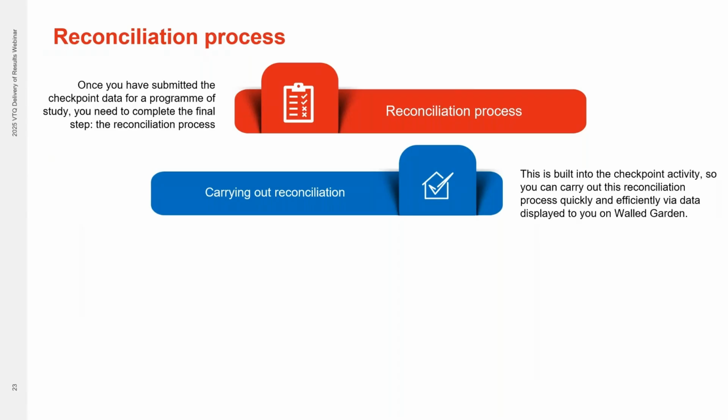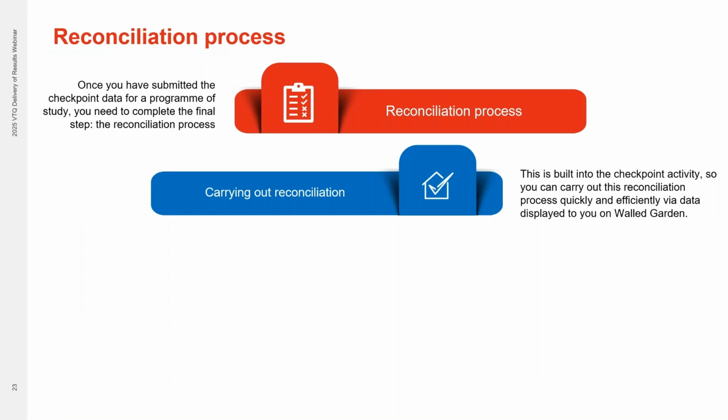That will run overnight, and then the following morning after about 9:30, you'll be able to access that report through Walled Garden, and that report will tell you which students are meeting their rules of combination and are able to achieve their qualification, and which students aren't meeting the rules of combination and require additional assessment entries to do so and to achieve their qualification. It will also tell you which assessments are missing for each student, and which assessment entries you'll need to make to enable them to achieve their qualification.